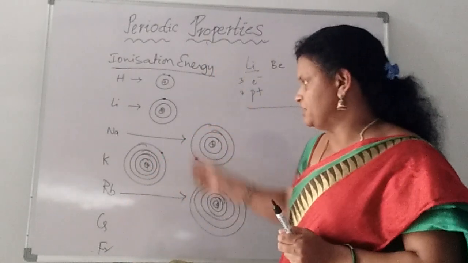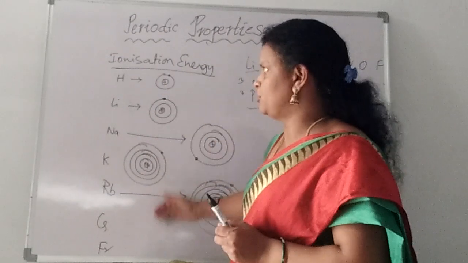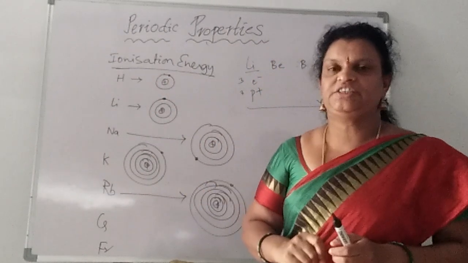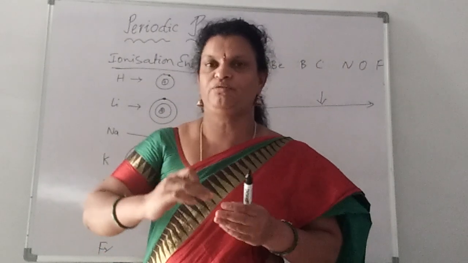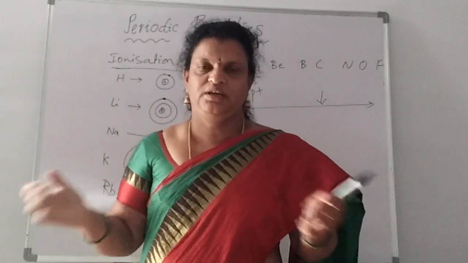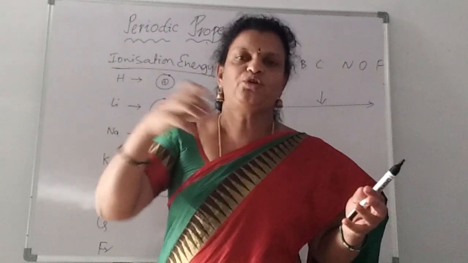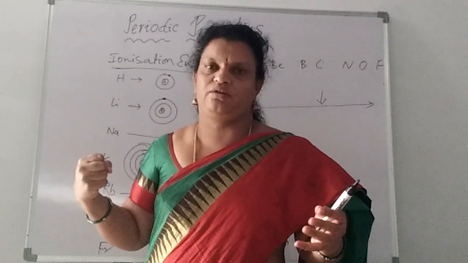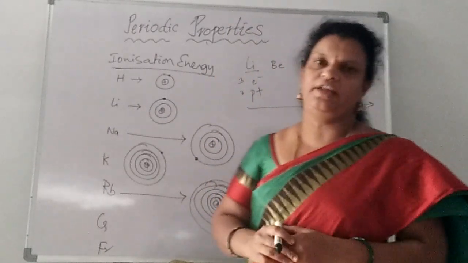So as the size increases from top to bottom, ionization energy will decrease. It is able to lose the electron very easily, so there is no need to use more energy to pull out the electron. That is why from top to bottom, ionization energy decreases.